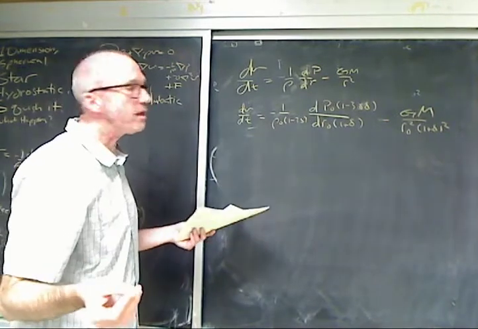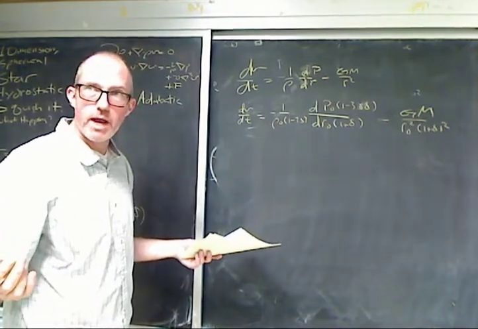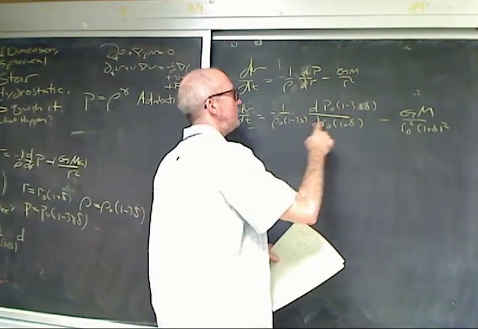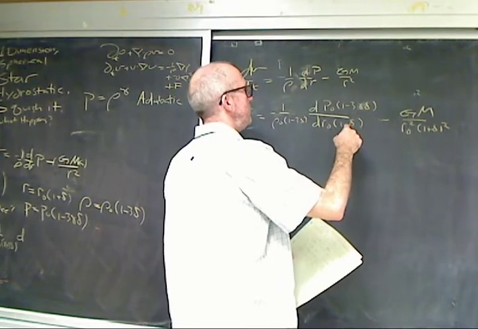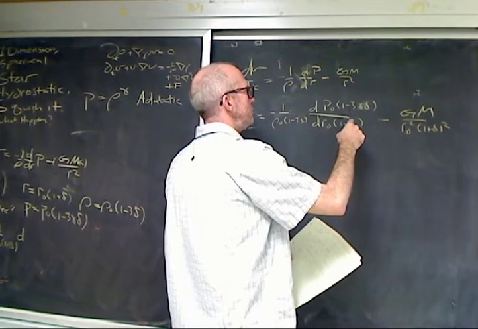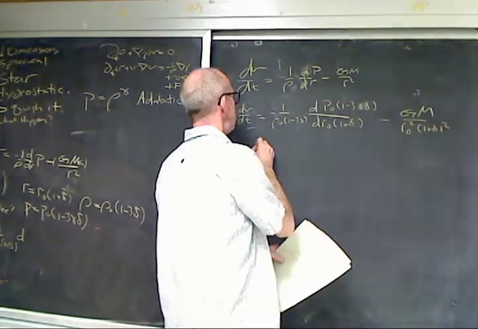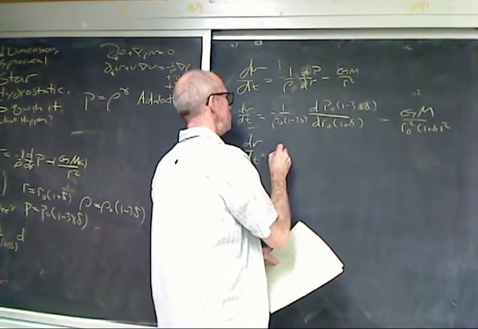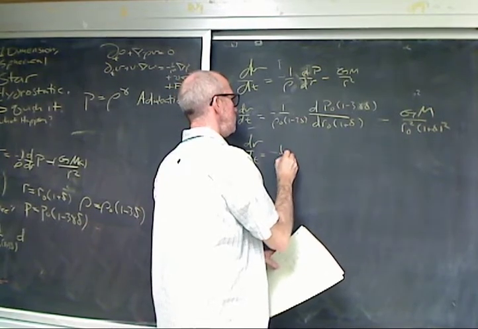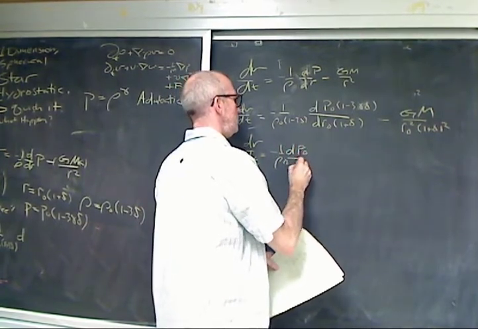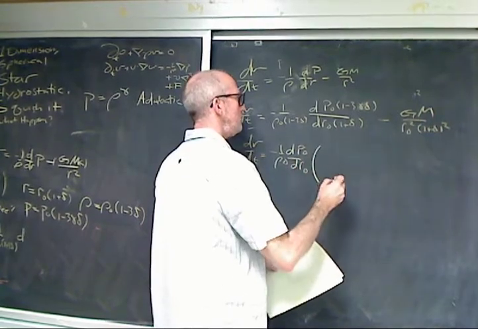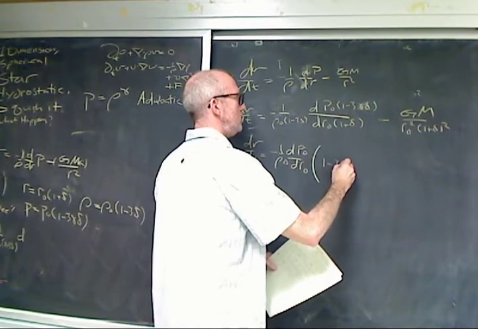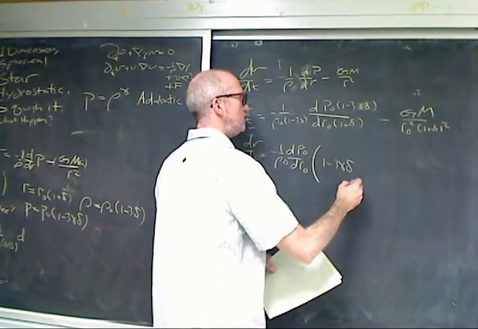So now I've got all these deltas, and I'm just going to Taylor expand a bunch again. So I've got this guy, and this guy. So I'm left with dv/dt equals minus 1 over rho naught dp naught dr naught times, let's see, a 1 minus 3 gamma delta.